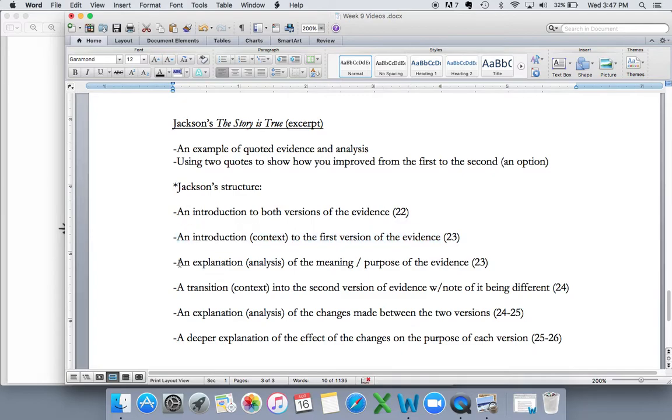After he does that, he explains, which we call analysis, the meaning or purpose of the first piece of evidence. He's talking about what the effect of the writing and the writing style was. Now for you, unlike for him, you're going to be talking about where this first version of the evidence was still lacking, where it still wasn't fully working, where it wasn't fully polished and effective yet.